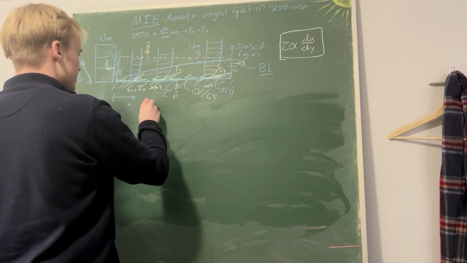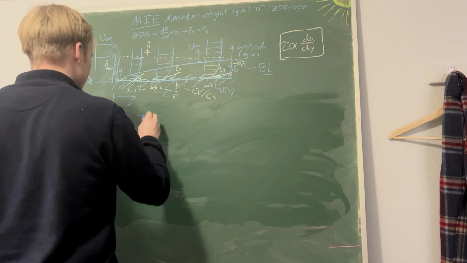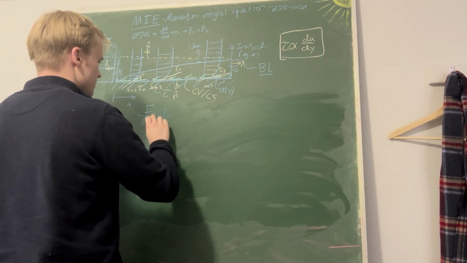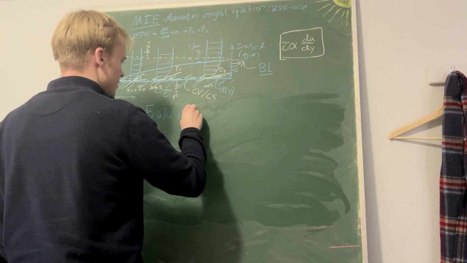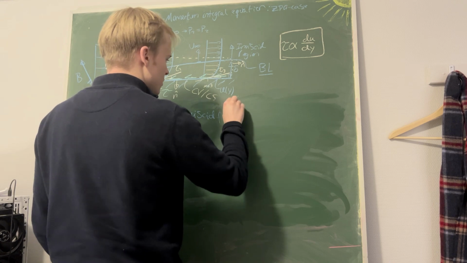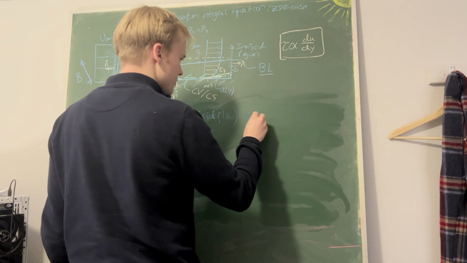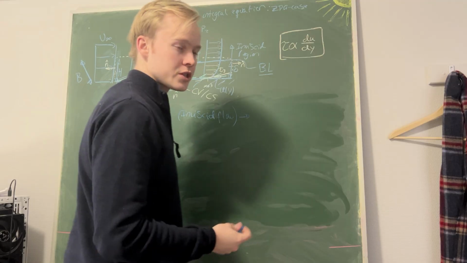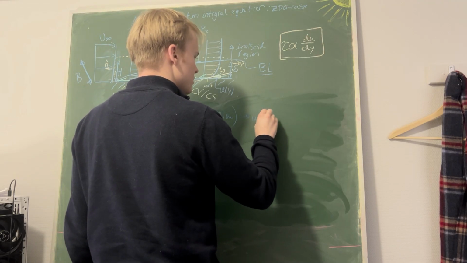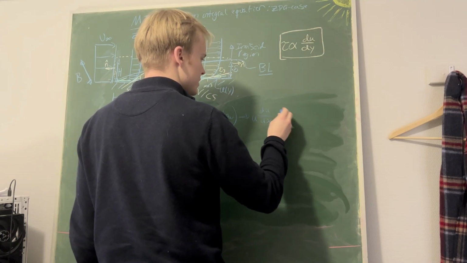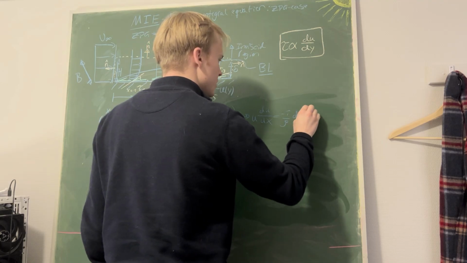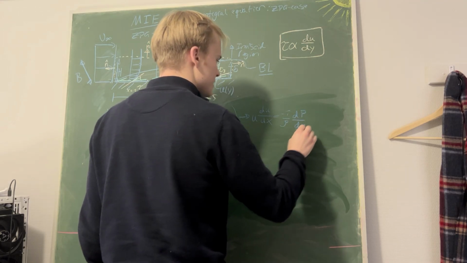So if we say that Euler, which is inviscid flow, we say that in the x direction, our u component, u du dx is equal to minus 1 over rho dp dx, right?